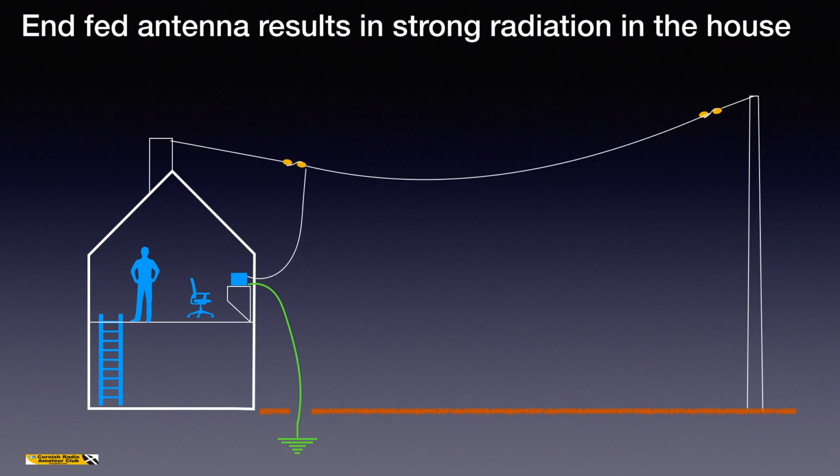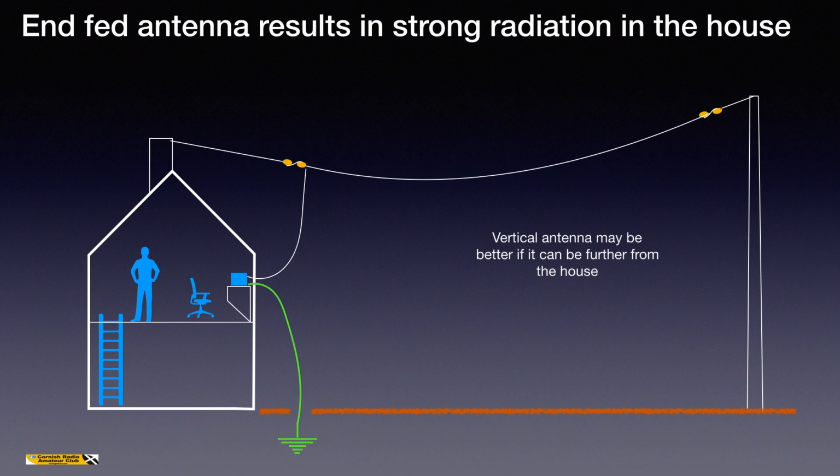And finally here, looking at end-fed antennas. End-fed antennas are notorious for causing strong radiation in the house. Here we have a double whammy, if you like. We have a shack upstairs, which means we have a long earth lead, and the earth lead then tends also to radiate RF before it gets down to the ground. So we have strong radiation happening back into the house.